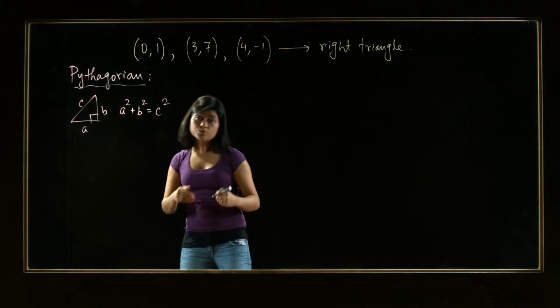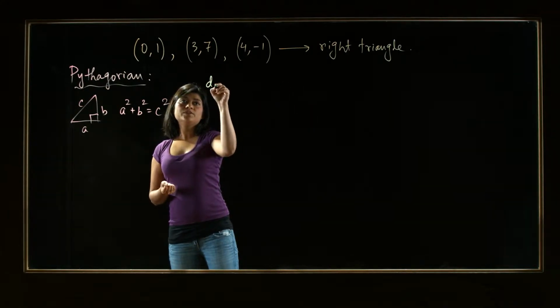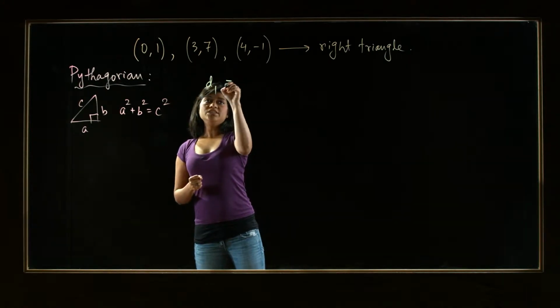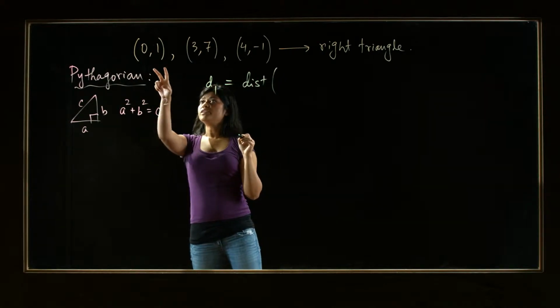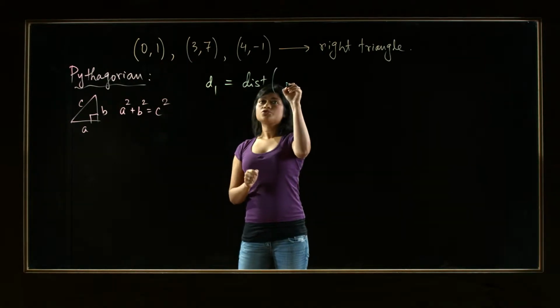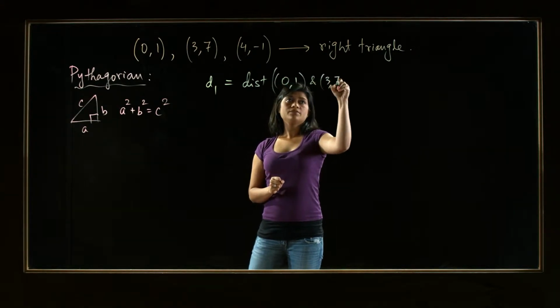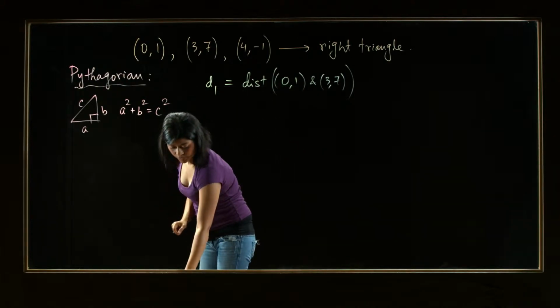We don't know which one will be A, B, and C, so let's just call them distance 1, distance 2, and distance 3. D1 is our first distance, which will be the distance between the first 2 points, (0, 1) and (3, 7). Let me remind you of the distance formula.